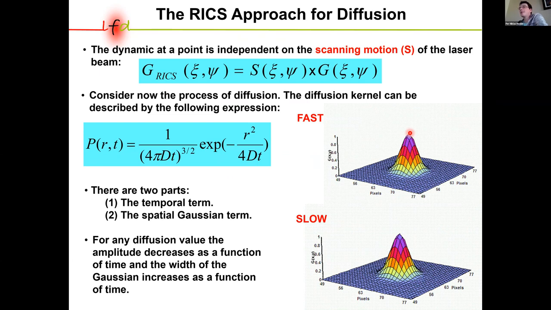If the molecule didn't have much time to move, then you will most likely find it near the center again. So then the peak will be sharp with a high amplitude. But as the molecules are able to move away, to diffuse, you can find them further away. So the probability will increase towards the periphery and decrease from the center.